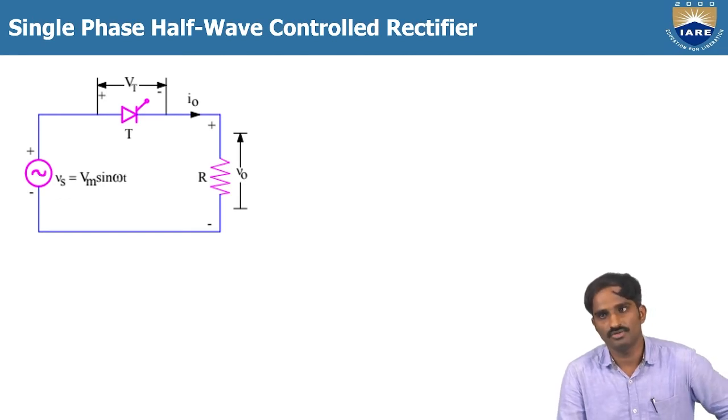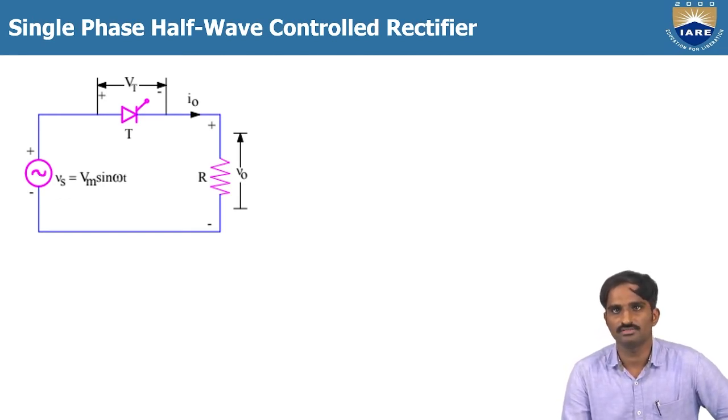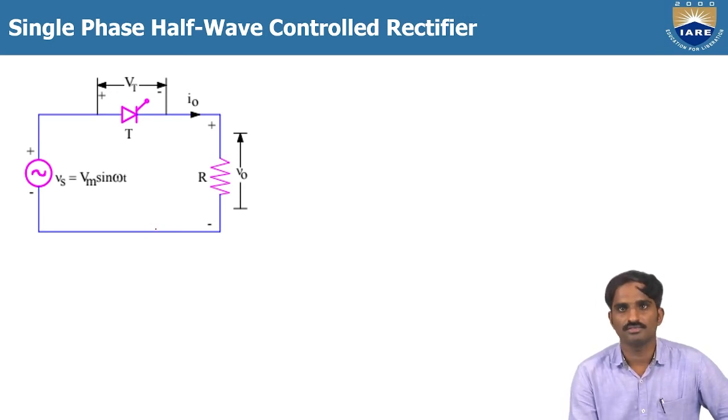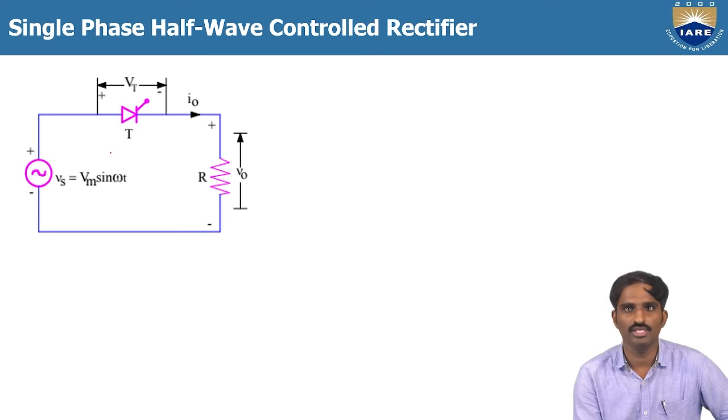Then the first topic that we are going to discuss is the single phase half wave controlled rectifier with R load. This is the schematic diagram of the single phase half wave controlled rectifier. Here we have used only one thyristor, and the input is the AC supply, which we are considering as Vs, equal to Vm sin omega t, and the load is a resistive load.